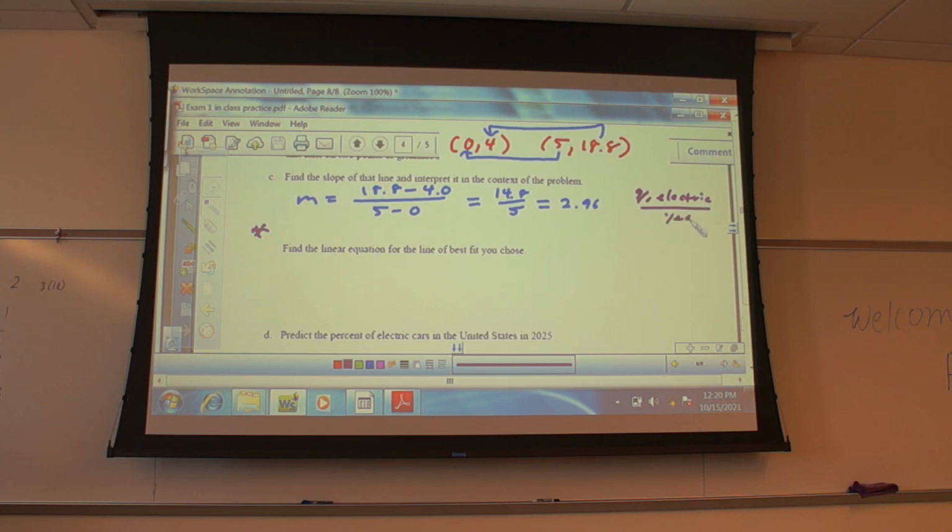Is that right? So it should be that. 2.96% more, right? Because it's positive. Electric cars. There are 2.96% more electric cars each year, or per year.